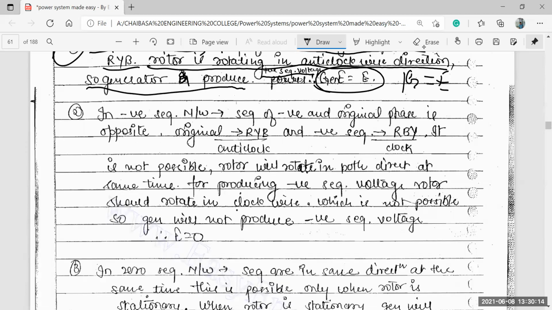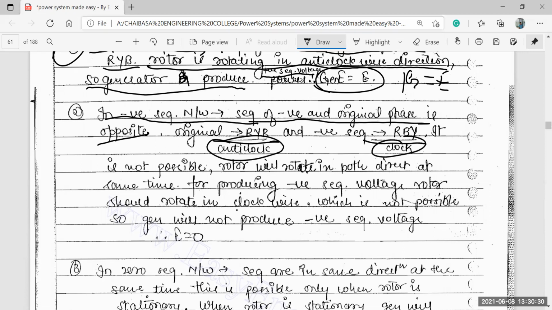Now in the negative sequence network, the sequence of negative and original phase are opposite. Original is R Y B, so your negative would be R B Y. It means if it is anti-clockwise, it will be clockwise.